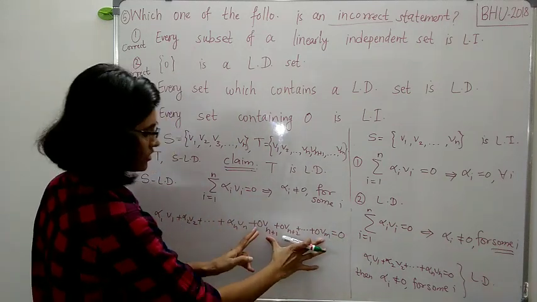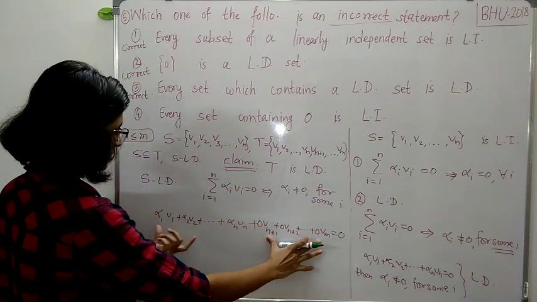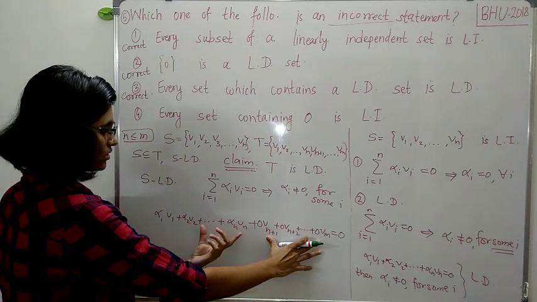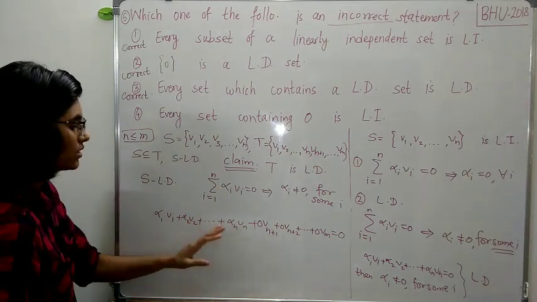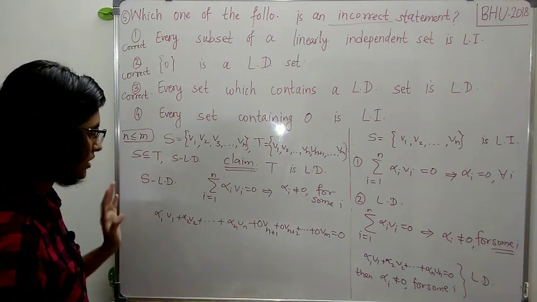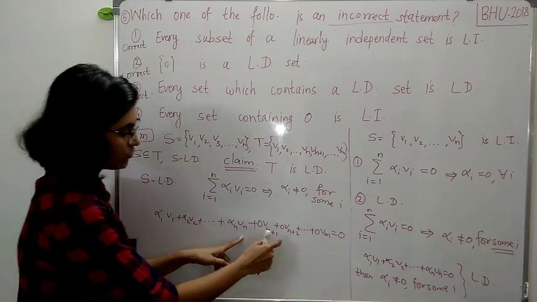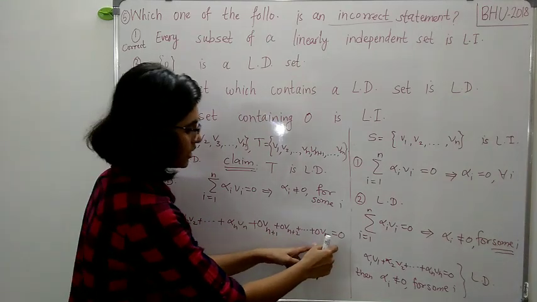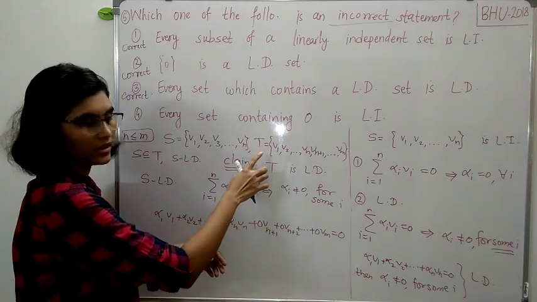Now these added terms are just 0 plus 0 plus 0, so it is 0, and the summation of alpha I Vi up to n is equal to this. So this is just a modification of this linear combination. But now just note that V1, V2, up to Vn, Vn plus 1, Vn plus 2, up to Vm are the elements of this set T.